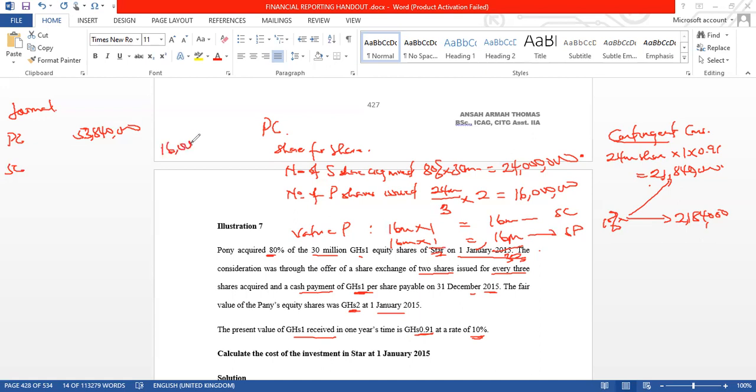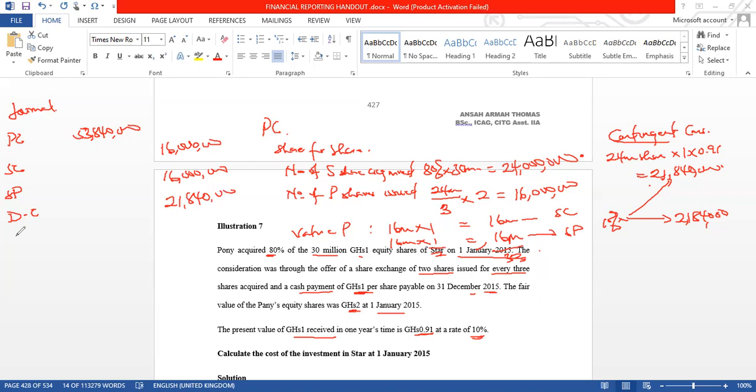Then don't forget, we have stated capital, which is a credit of how much? 16 million. You also have our share premium, 16 million. Okay, then there was a deferred consideration of how much? 21,840.